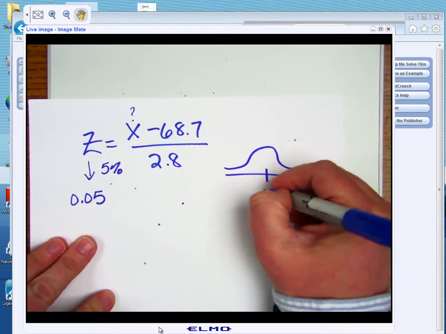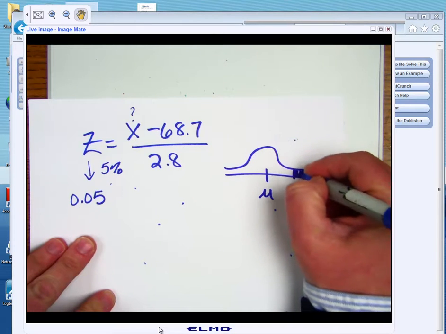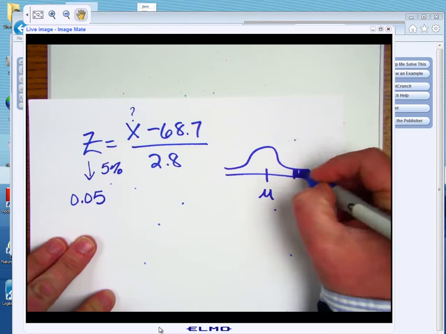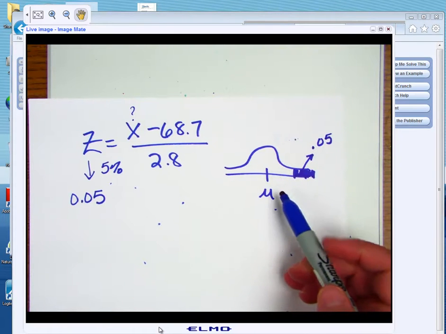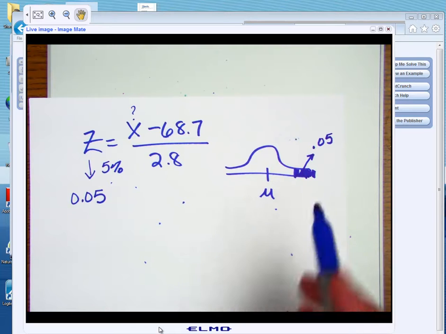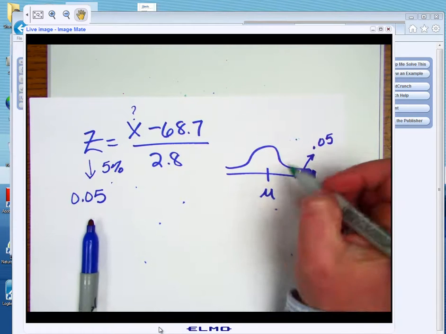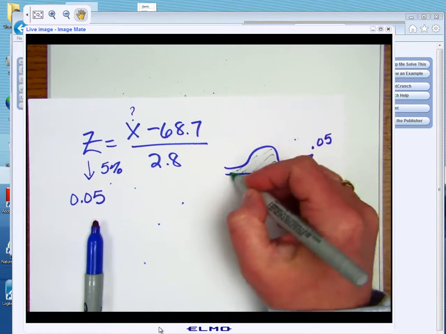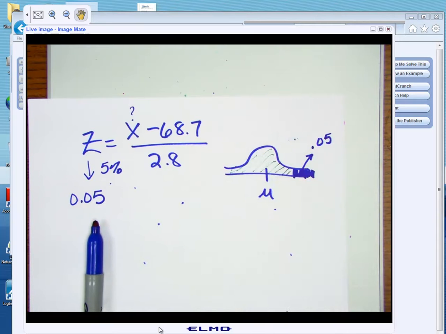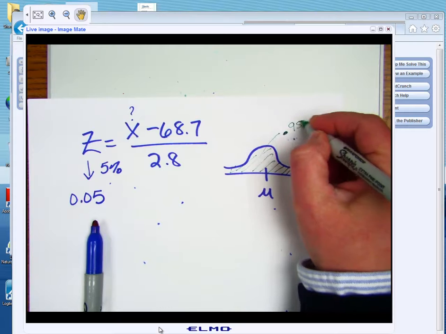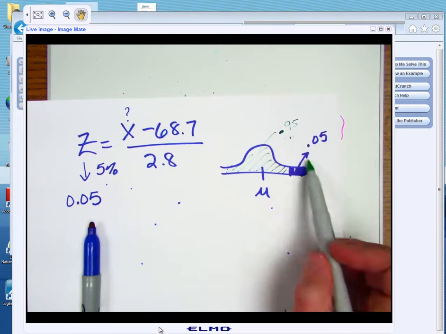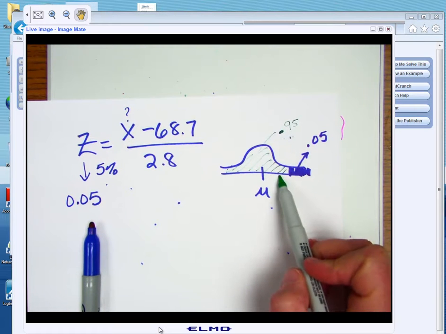I have my mean here. I'm looking for the value that gives me this area on this side to be equal to 0.05. Again, my table is a left tail table, not a right. So I need to find the area this way. That is actually going to be 0.95. Why is that 0.95? Because the total area under here has to equal 1.